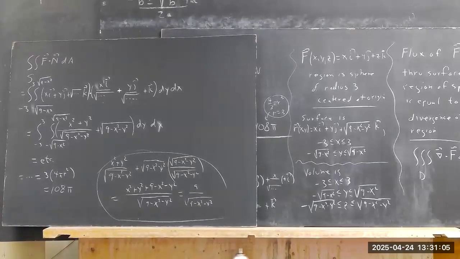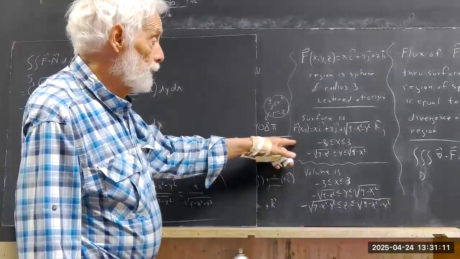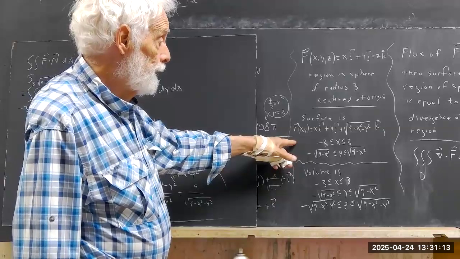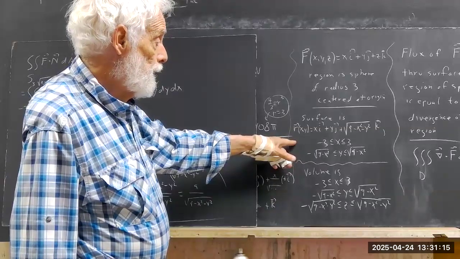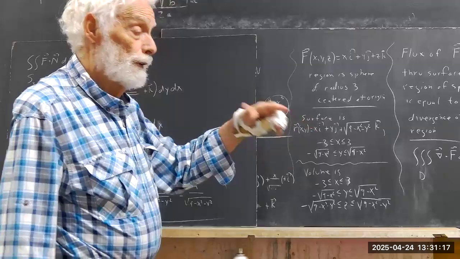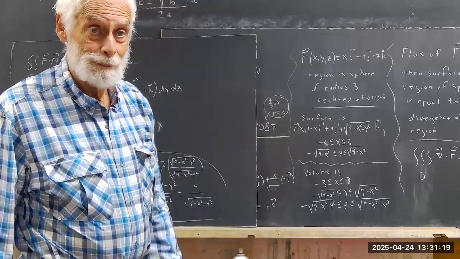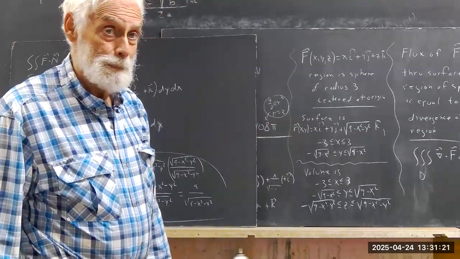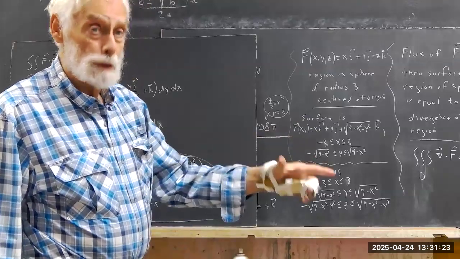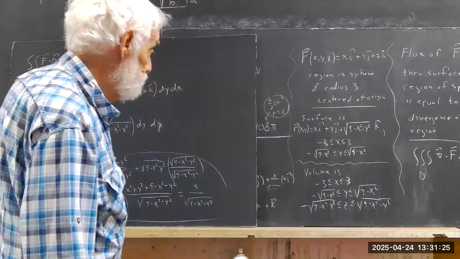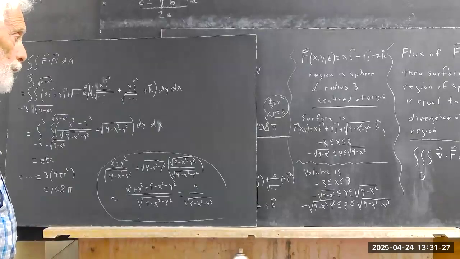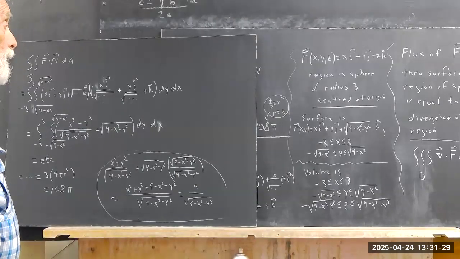Now, another thing we could have done that would have turned out to be easier would be to parameterize the surface in terms of spherical coordinates. Okay. That's worth looking at. But we don't want to go through those details today.